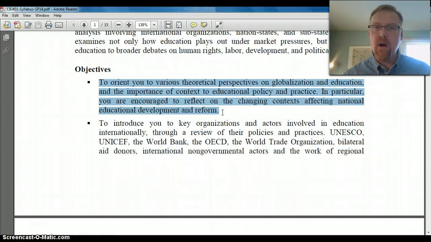What sets our program apart and what will set you apart in the field of comparative and international education, and then in development or education or teaching or whatever you do after this, is that you will have an understanding of various theoretical perspectives.